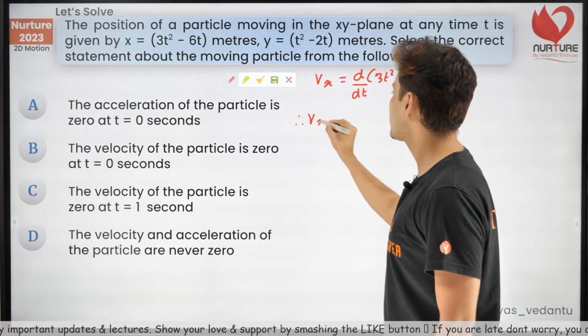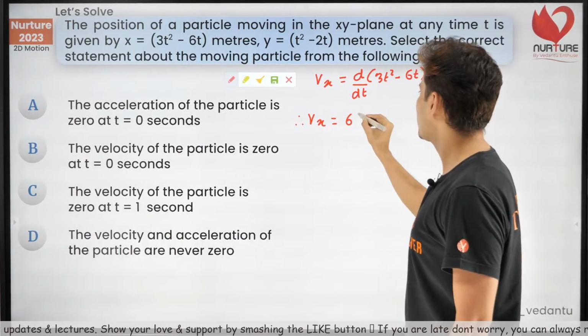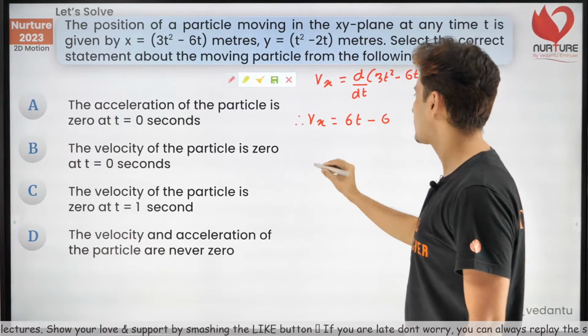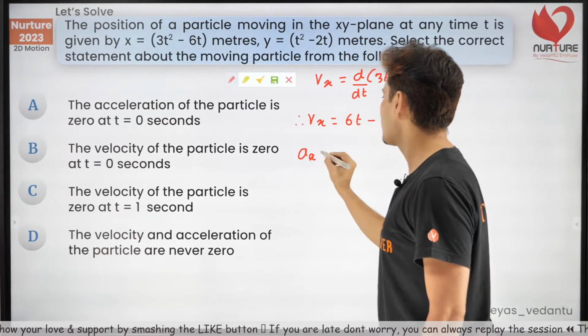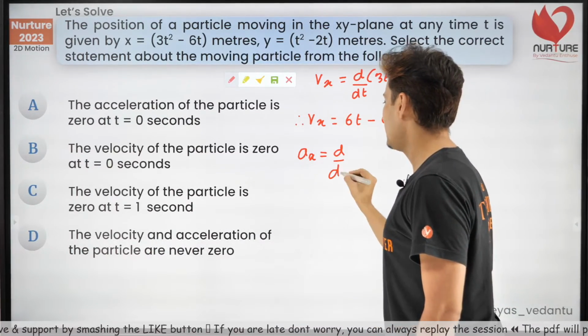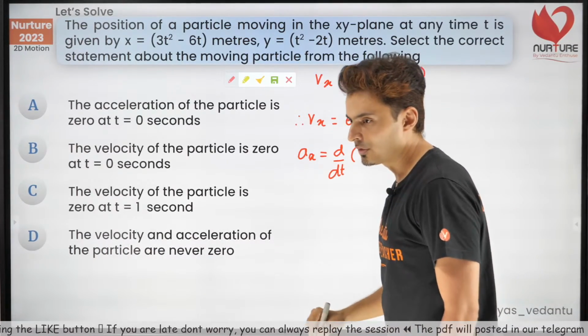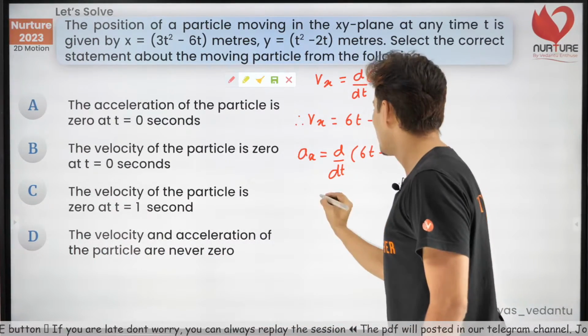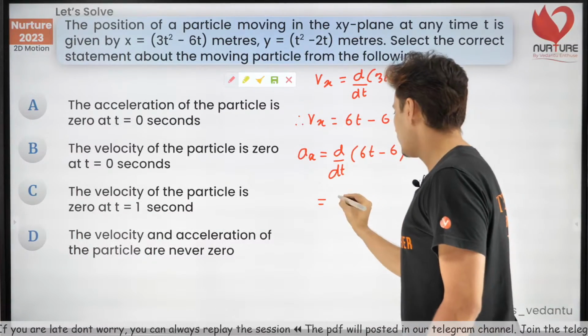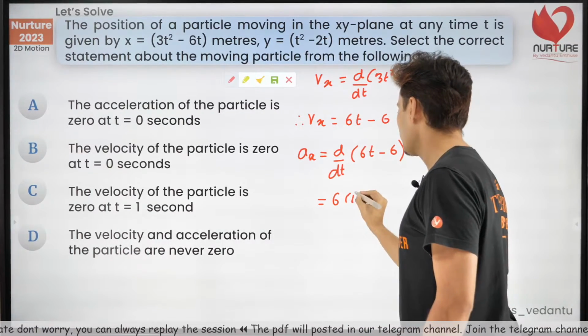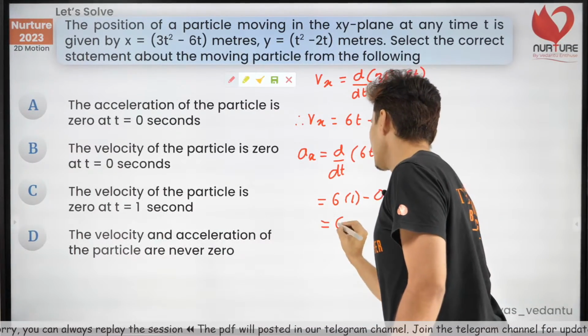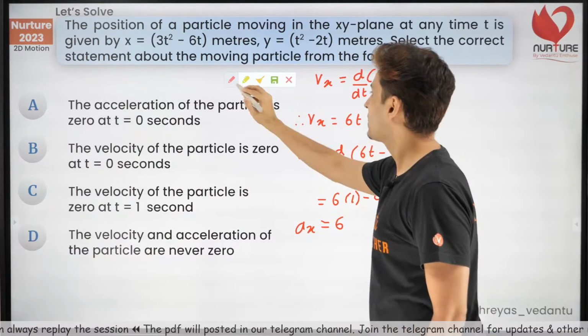Therefore, Vx is equal to 6t minus 6. Now, Ax is d by dt of 6t minus 6. The derivative of 6t is 6 into 1 minus 0, which is just 6. That's Ax.